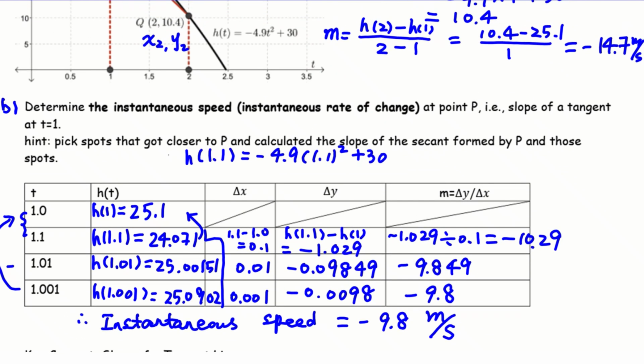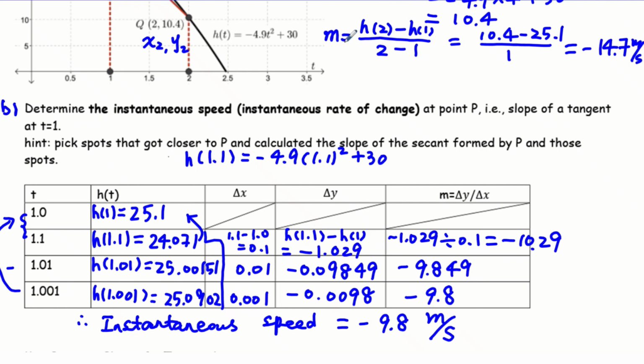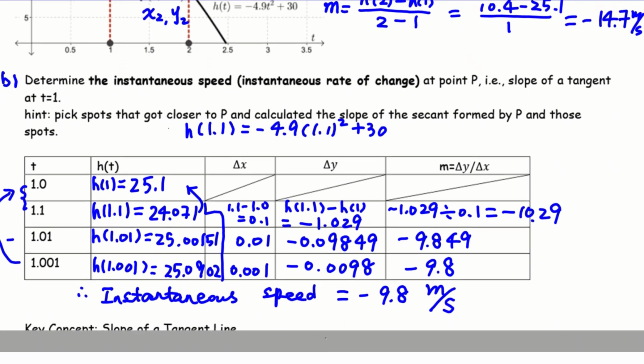From this example, we have learned how to calculate the slope of a secant, just using rise over run, and for the instantaneous speed, we pick points closer to the point where we want to find the tangent. If it's 1, then we use 1.1, 1.01, 1.001, closer to 1.0 to do the calculation of the slope. Then we will see that the number is approaching a value. Then we use that number as the approximate instantaneous speed at that point.